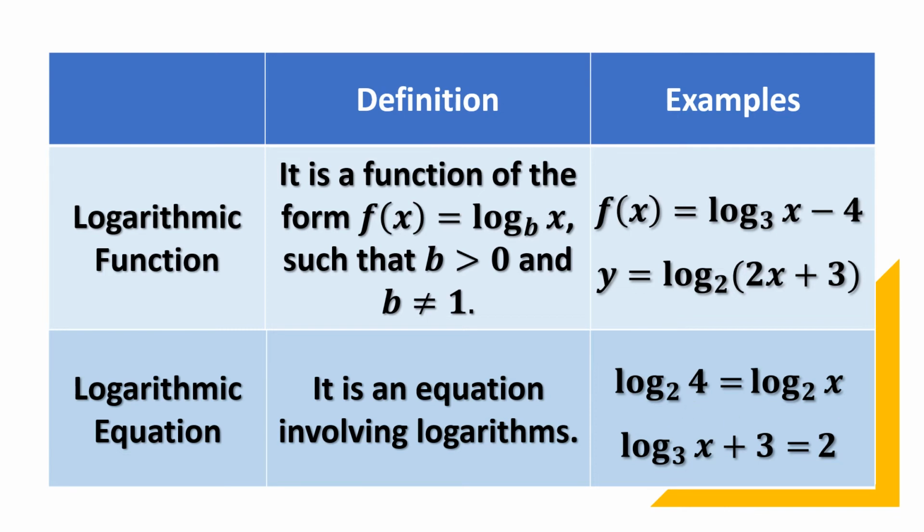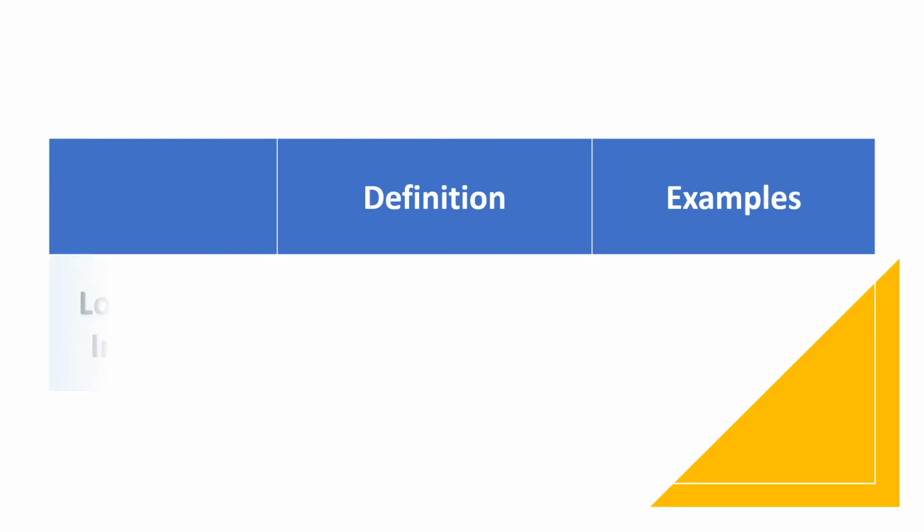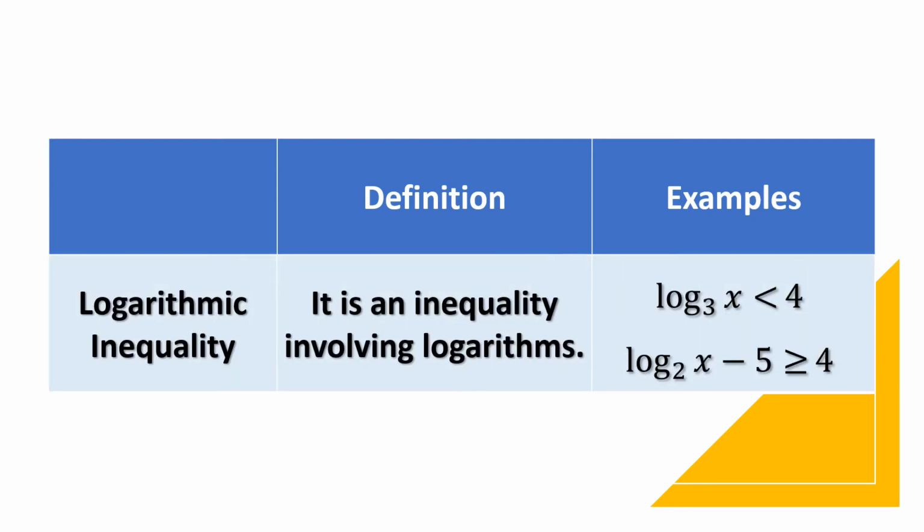Next definition is the logarithmic inequality. It is an inequality involving logarithms. The difference between equation and inequality is the inequality symbol, such as less than, greater than, less than or equal to, and greater than or equal to. Either both sides or just one side has a logarithmic expression.